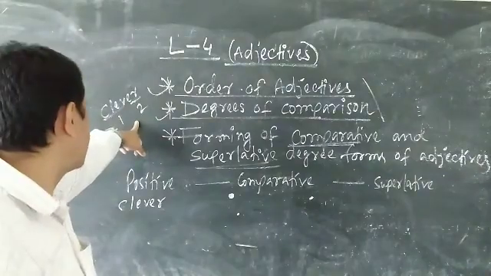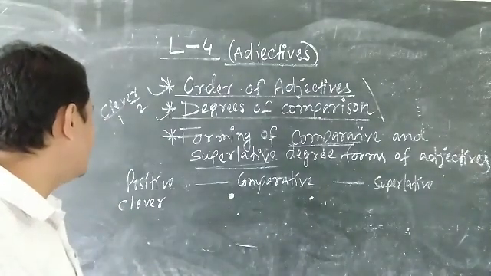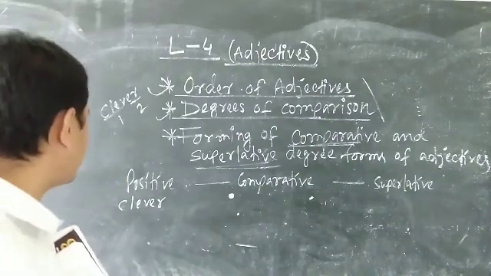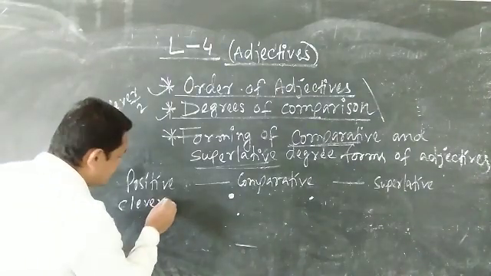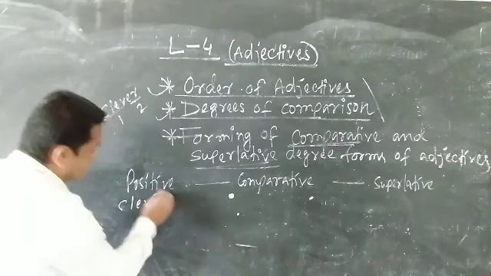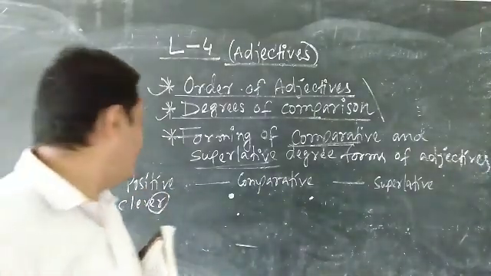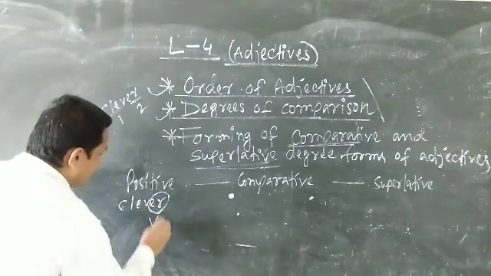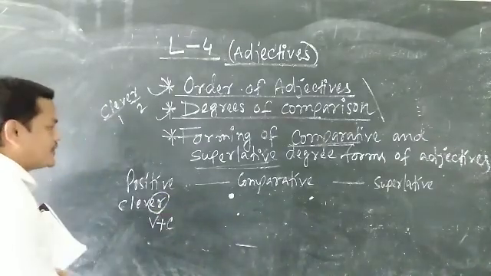Clever, 2 syllables. And you see the combination of this word clever, we will have to see the last 2 letters. So last 2 letters means ER, isn't it? ER. And see the combination. E is vowel and R is consonant.